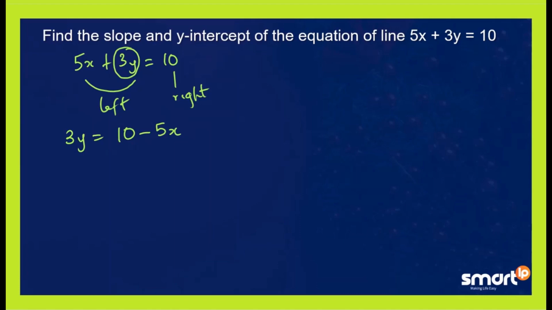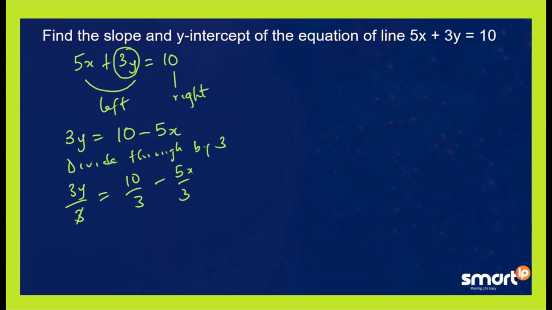So if we need to eliminate that 3, all we need to do is divide through by 3. So we're going to have 3y divided by 3 equals 10 divided by 3 minus 5x divided by 3. So we're going to have y equals 10 over 3 minus 5 over 3 x.